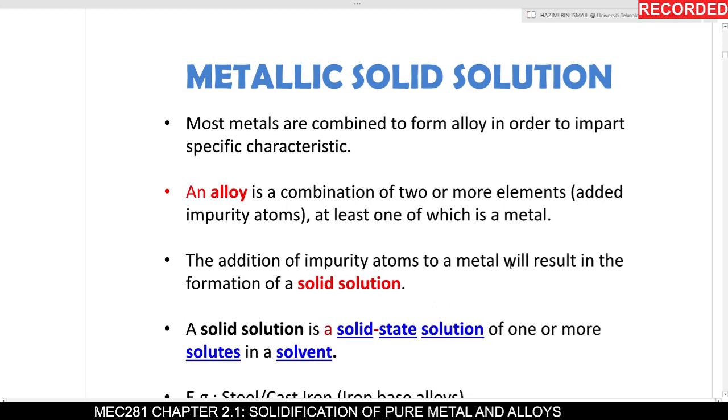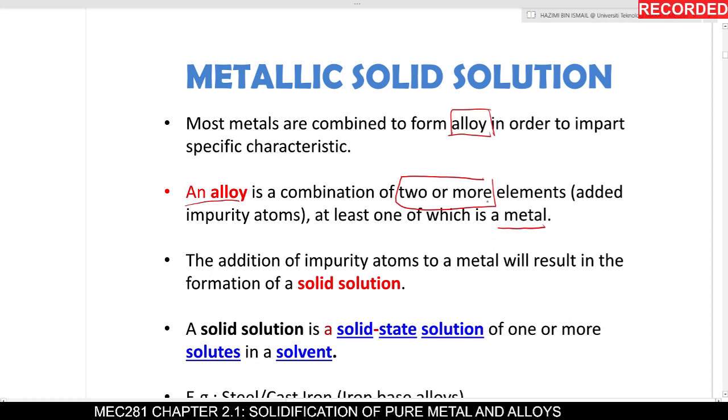So we go to the next slide, the title of metallic solid solutions. Okay, most metals are combined to form alloy in order to impart specific characteristics. So here, I hope you know what is alloy. Alloy, okay, here is a combination of two or more elements, added impurity atoms, at least one of which is a metal.